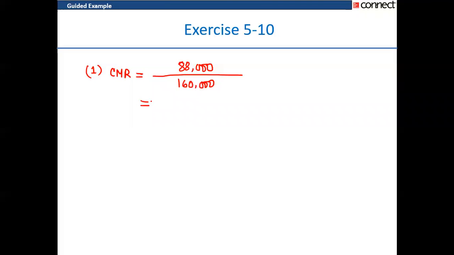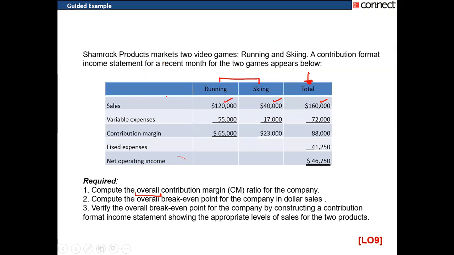So you get an overall contribution margin ratio of 55%. That's good. The magnitude is significant, that you are getting a 55% contribution margin and you are spending only 45% for covering the variable expenses.